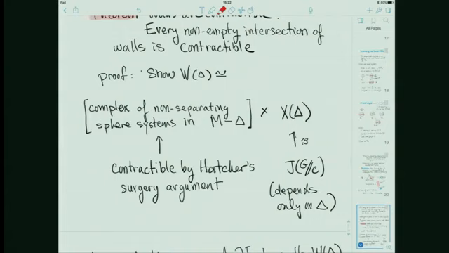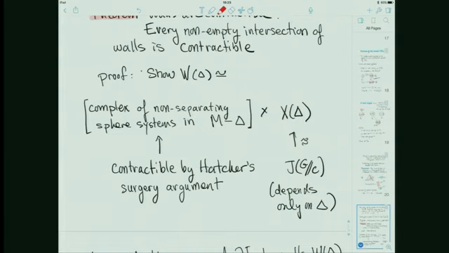The proof is to show that these walls are isomorphic to the complex of non-separating sphere systems in M minus this subset of spheres delta, crossed with some finite joule.